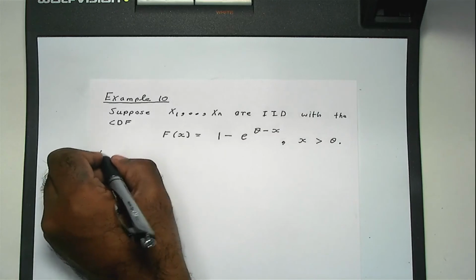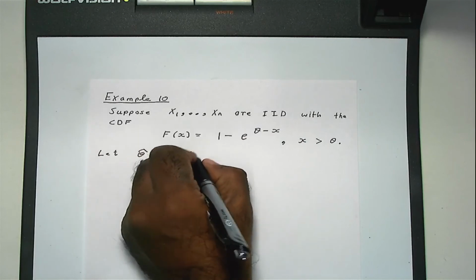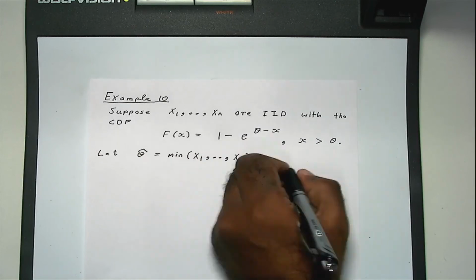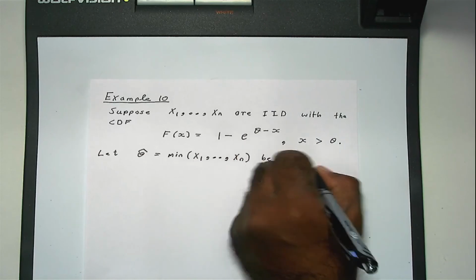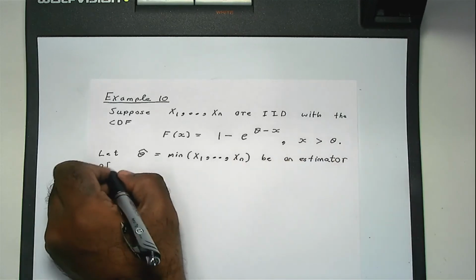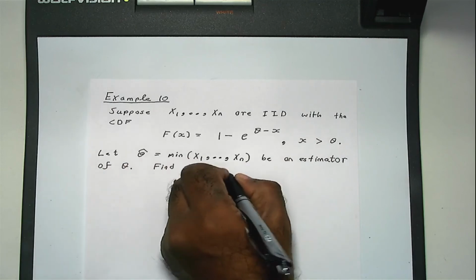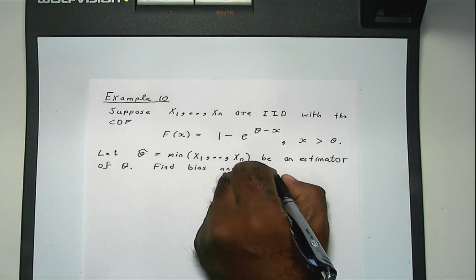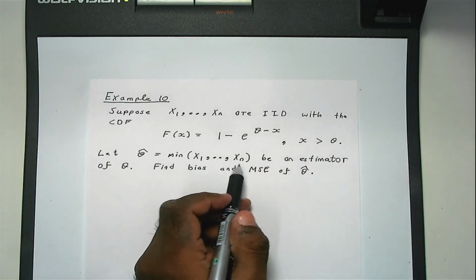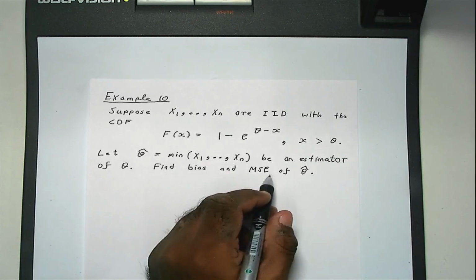Let theta hat be the minimum of the data. Right, so we have an estimate for theta, which is the minimum of the data, and we want to find the bias and the MSE of theta hat.